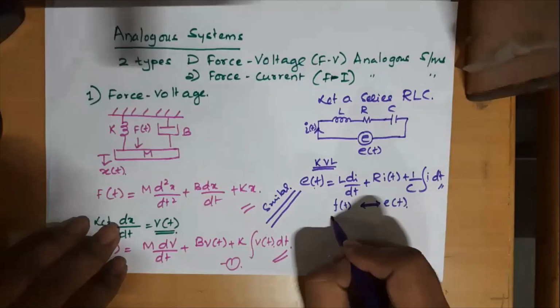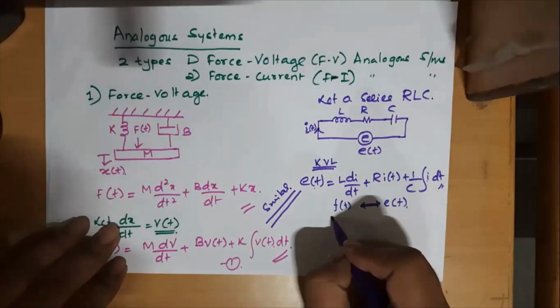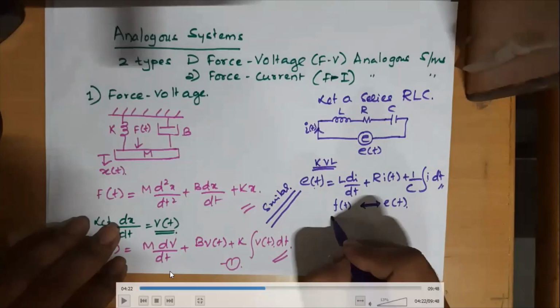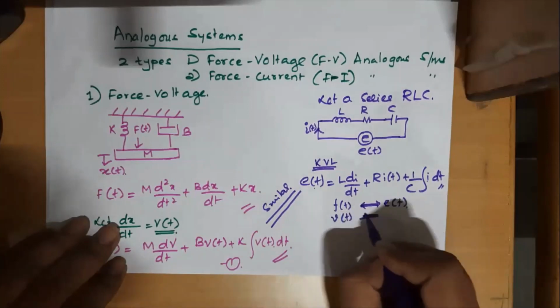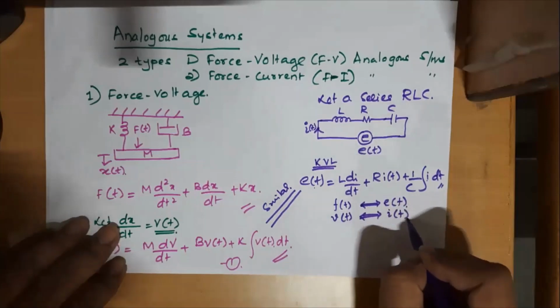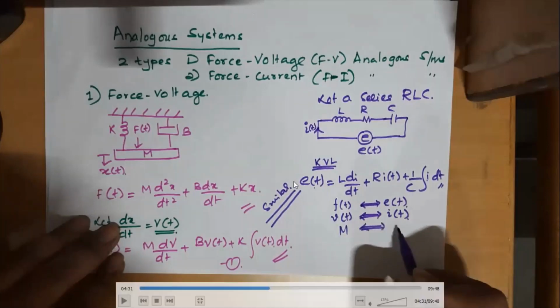That's why we call this force voltage analogous systems or FV analogous systems. So F of t here is the same as E of t. Let us compare other elements. Velocity in the mechanical equation is current in the electrical equation: m dv by dt here, L di by dt here.